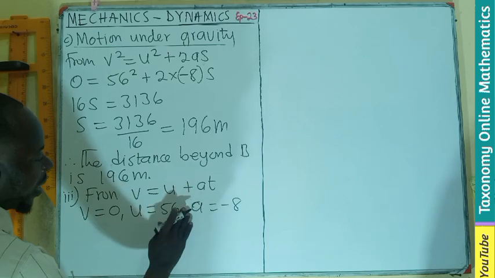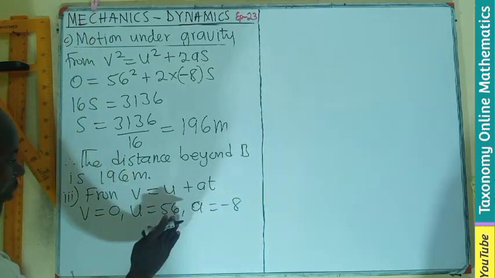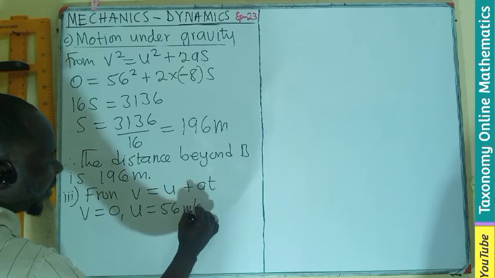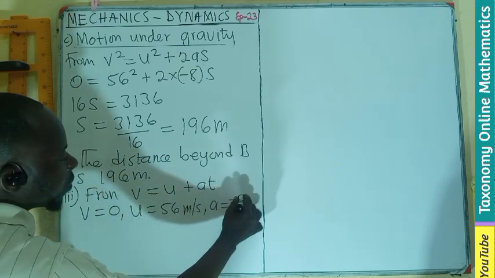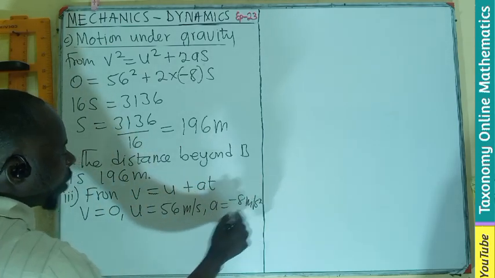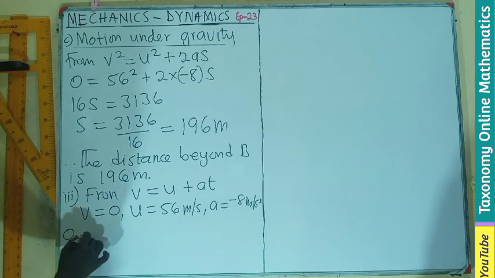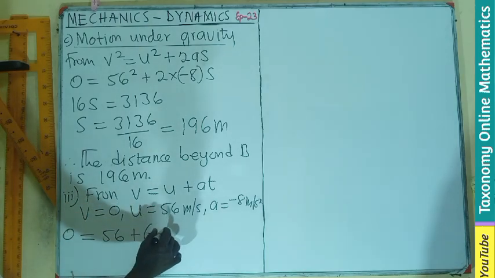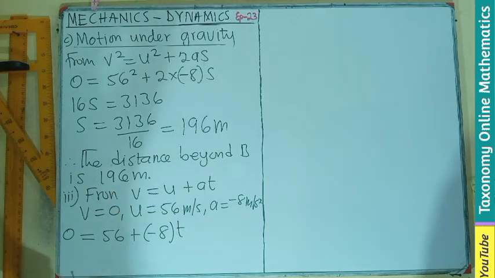I will indicate the unit, meters per second squared. So 0 equals 56 plus negative 8 times t.